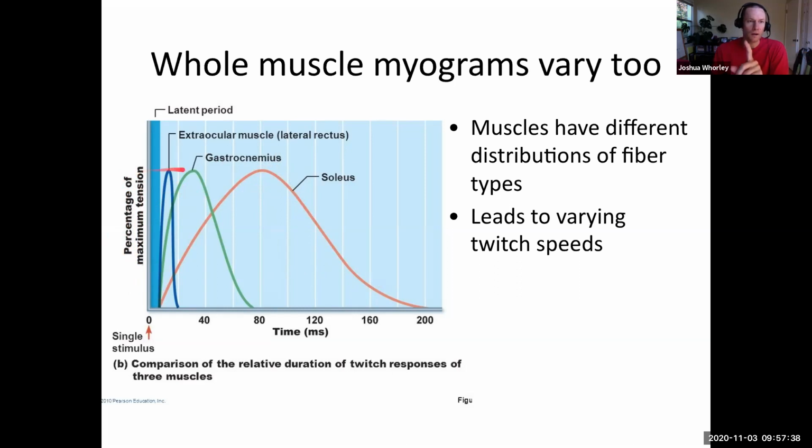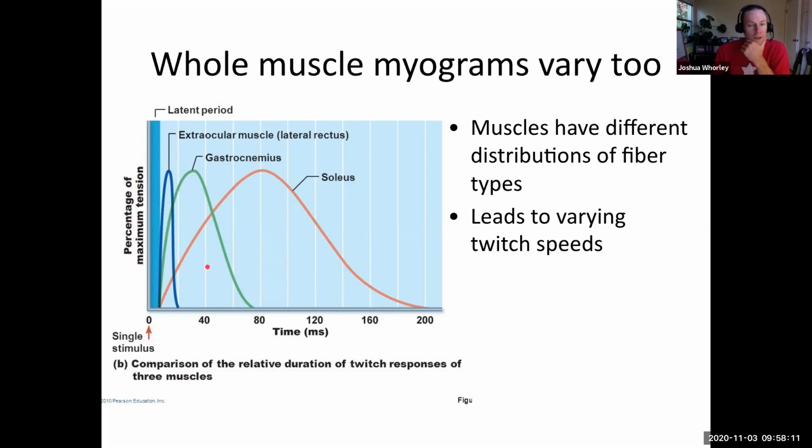You may look at this and say, wait, I thought fast fibers or fast muscles were also stronger. They are. If you were to draw this as absolute maximum tension rather than a percent, you would expect these fast muscles to be way up here in terms of the maximum tension they could produce. But this is just looking at a percentage of maximum tension, because all we're really focused on here is the duration of the contraction and relaxation phases.